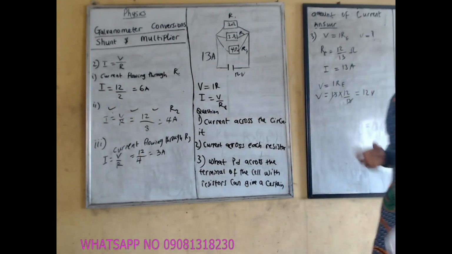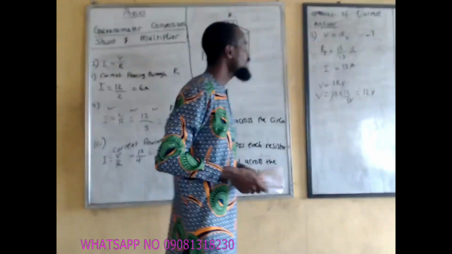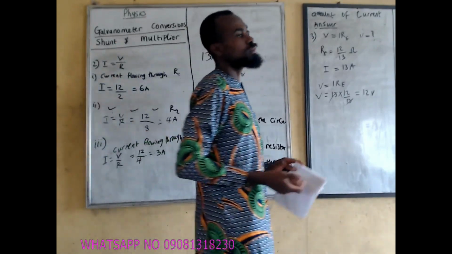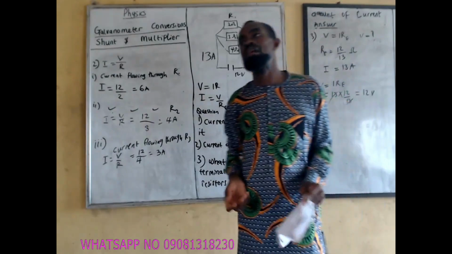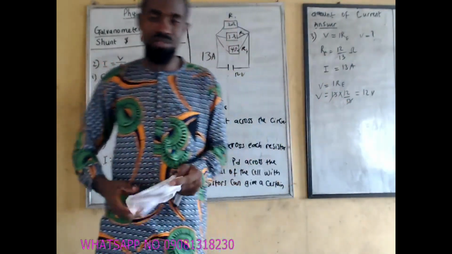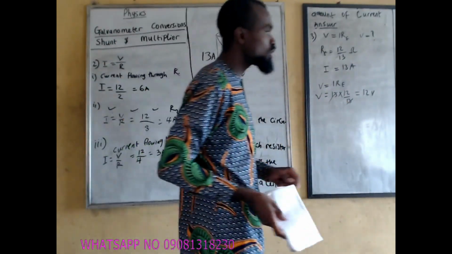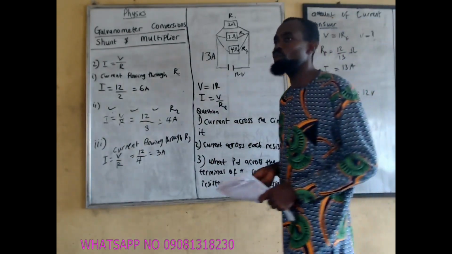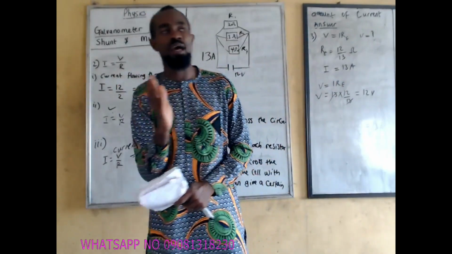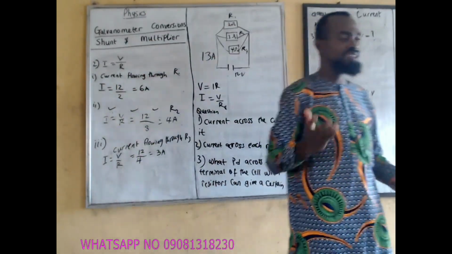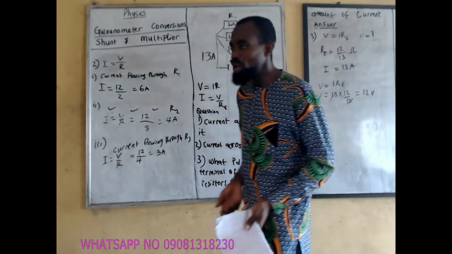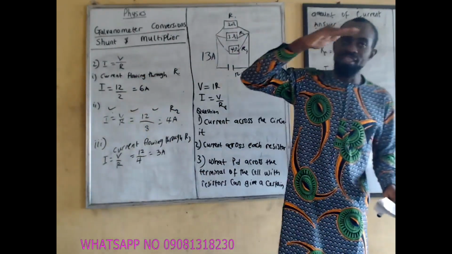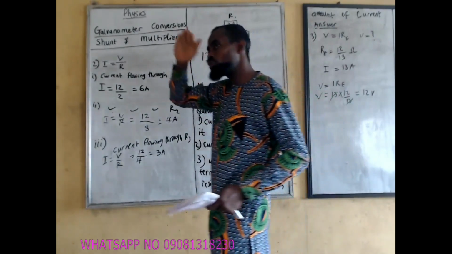These are some of the questions, especially in theory, that they can ask about parallel connection. What voltage coming from the cell will give us this current when connected to a certain amount of resistors? That's one question. Another question is, what is the current that will flow across the resistors when you have this cell with this potential difference across its terminals? As we just discussed, what will be the individual current flowing through each resistor?